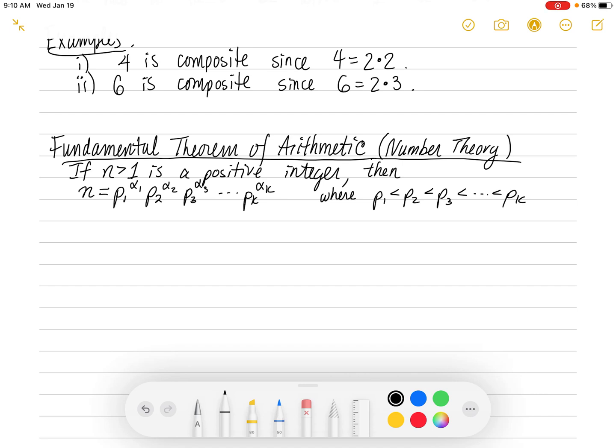These pi's are primes. We'll say distinct primes.